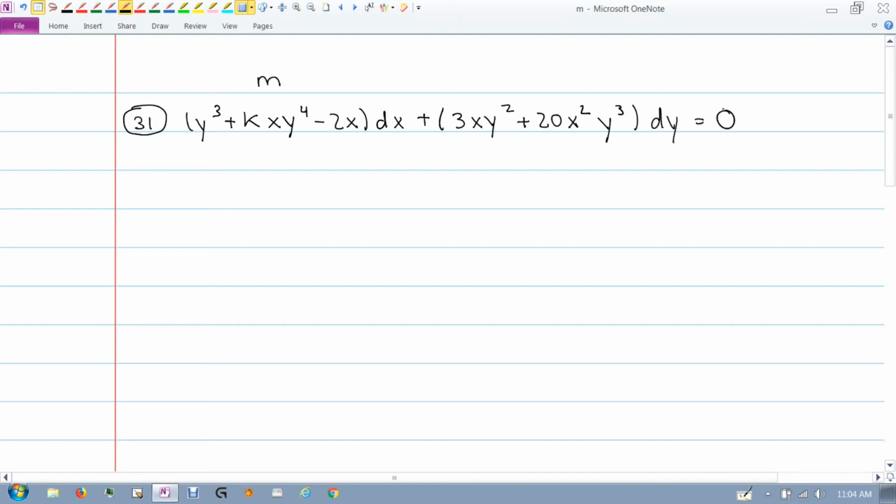All right, so what we're asked to do here is find the value of k, so that the given differential equation is exact.